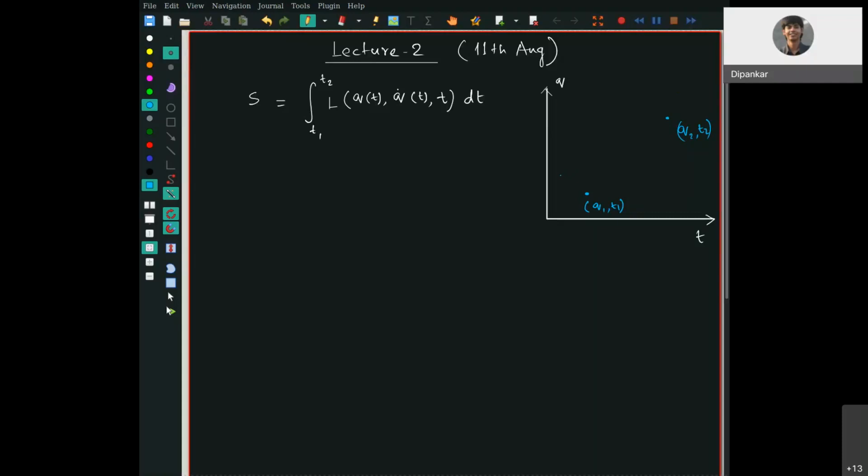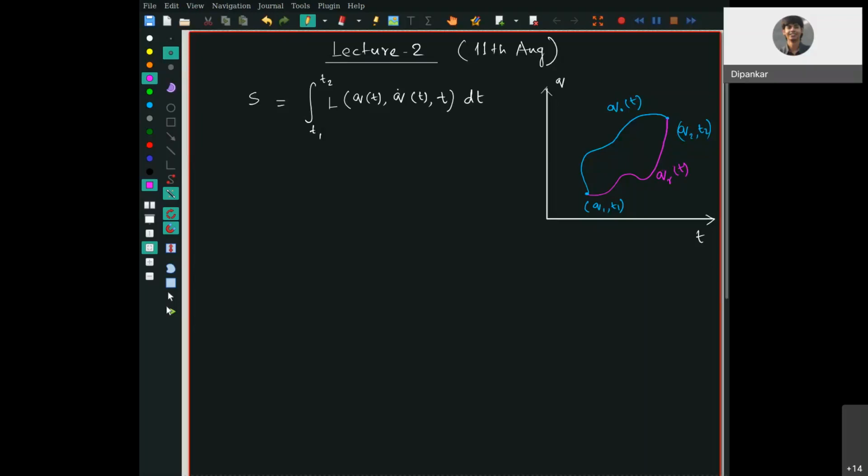There were many paths possible. I said that the correct path be this one, which I denoted by q0(t). And suppose there are other possible routes that the system can follow. Let's say this is another one of them that I denoted by q(t), an arbitrary path.